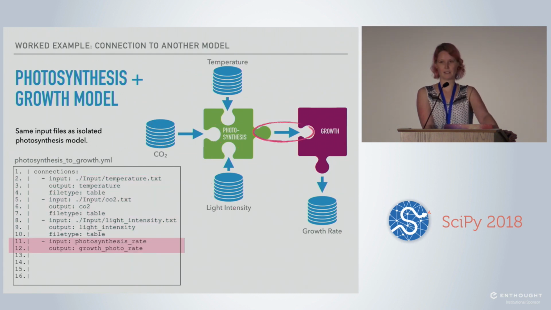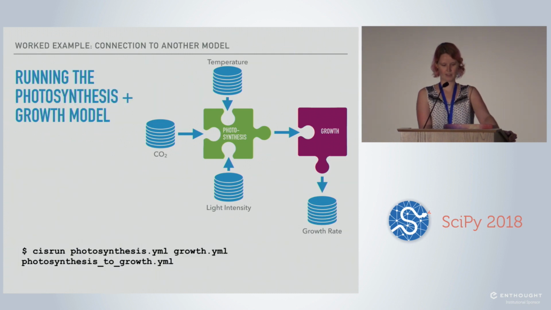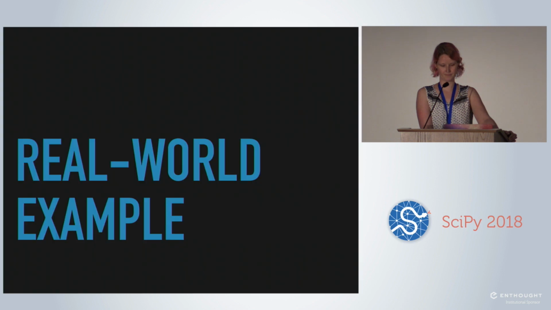And now, instead of sending that output to a file, we just send it to the input channel for the growth model. And we send the output from the growth model to a file. Then we can run the integration by calling it on the two model YAMLs, the same photosynthesis model from before and the new growth model, plus the connection YAML that we just created.